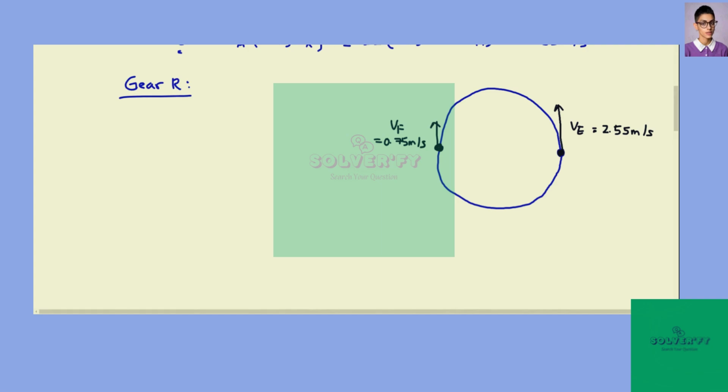Because of that, since omega R is given to be counterclockwise, we expect the IC to be somewhere here. We are interested in finding where the IC for gear R is.